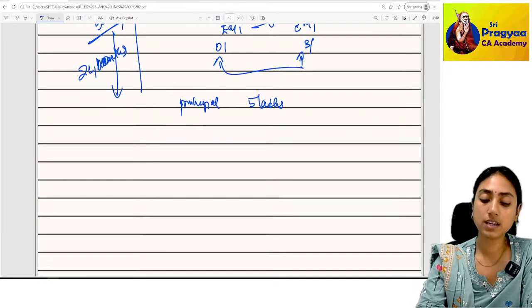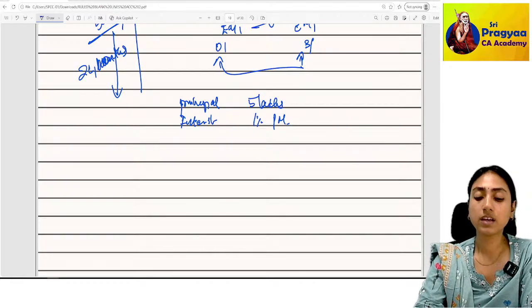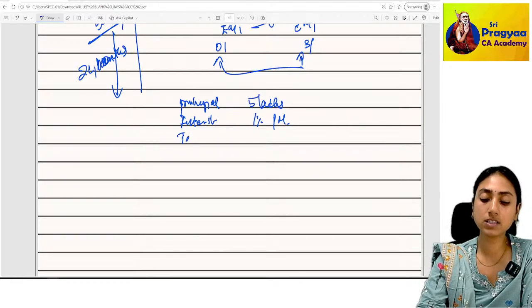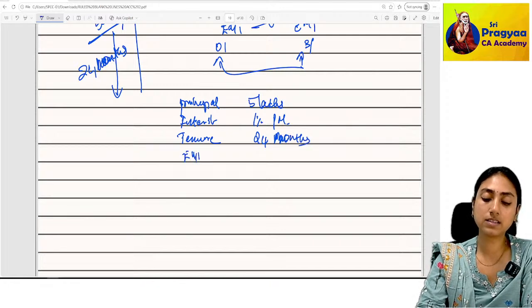Say the interest rate is 1% per month for calculation, and the tenure is 24 months. Say my EMI is 50,000. This is a ballpark number I'm giving, this is not how you have to calculate EMI.